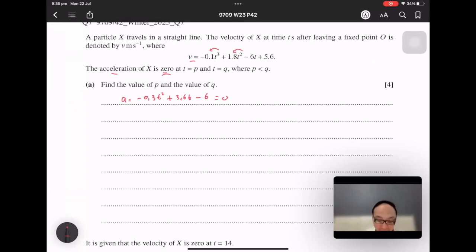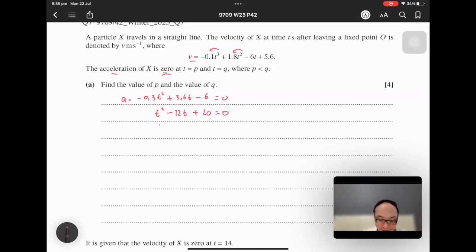We can simplify this by dividing by negative 0.3, so I change all the signs. So it's t squared minus 12t plus 20 equals 0.